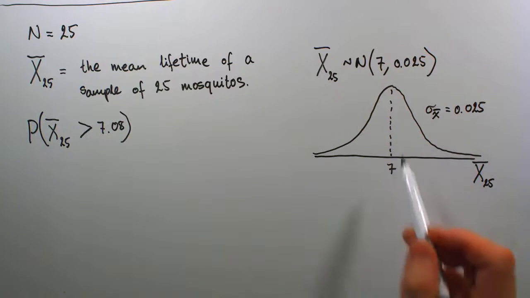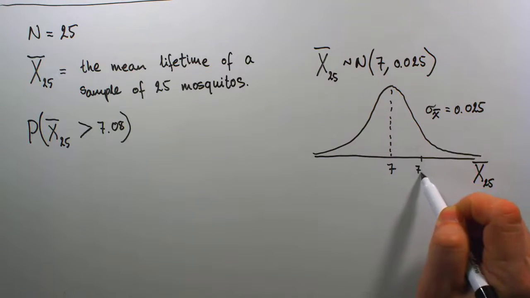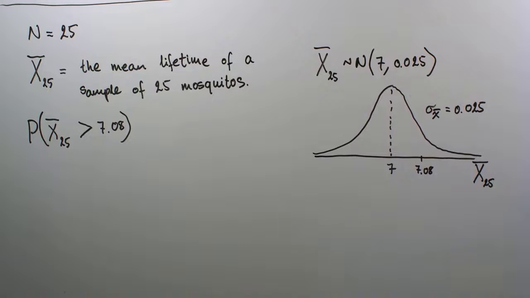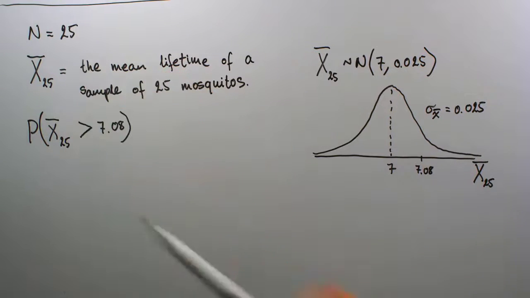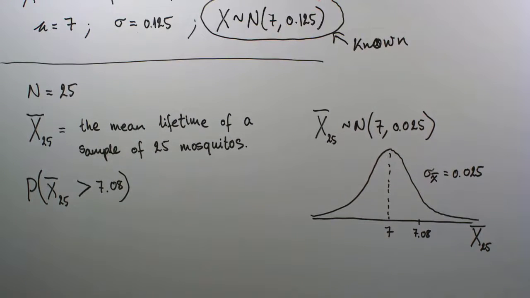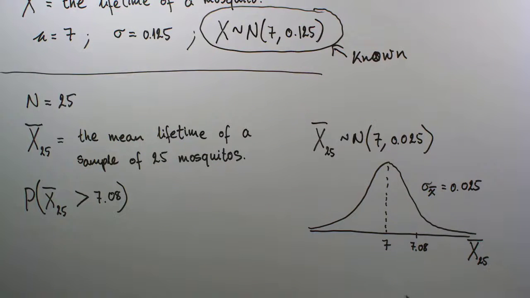So 7.08 is somewhere to the right-hand side of 7. And this 7 here, even though it equals the same value as mu, really it is mu x bar. I highly recommend anyone viewing this video to understand this as mu x bar, because mu x bar will always equal mu.